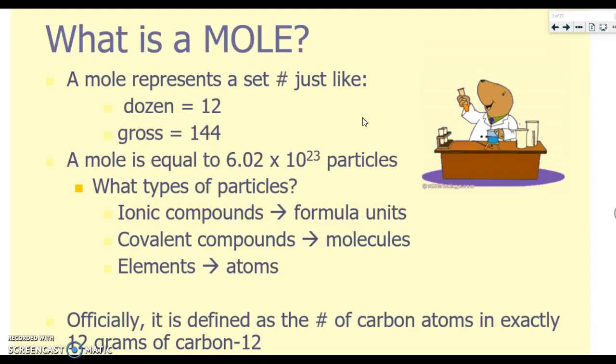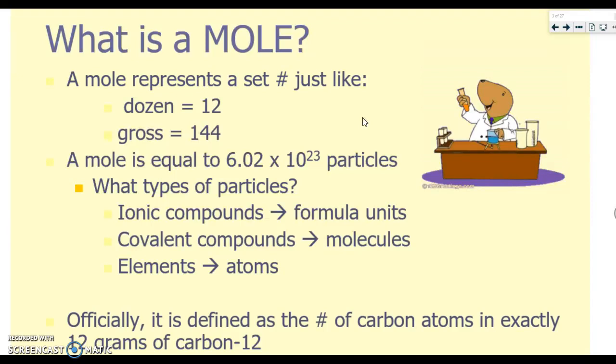There are different types of particles depending upon what the chemical substance is. If it is an ionic compound, the particle is called a formula unit. If it's a covalent compound, the particle is known as a molecule. And if it's just a single element like carbon, it's known as atoms. Officially, this is defined as the number of carbon atoms in exactly 12 grams of carbon-12.